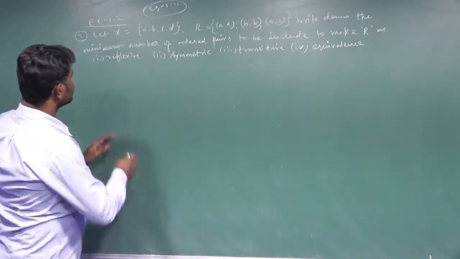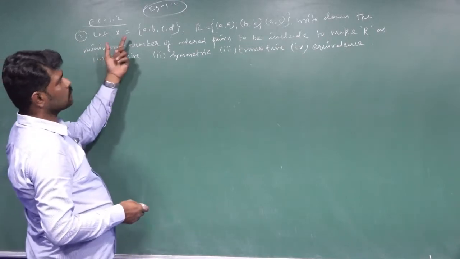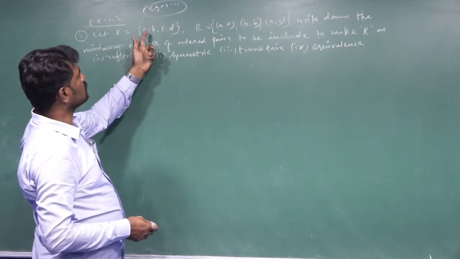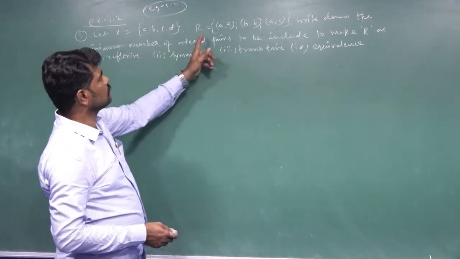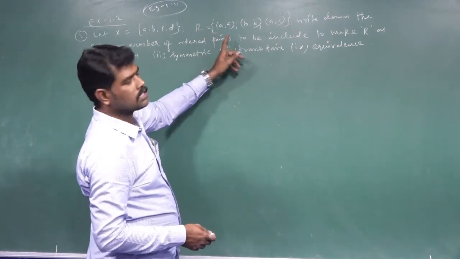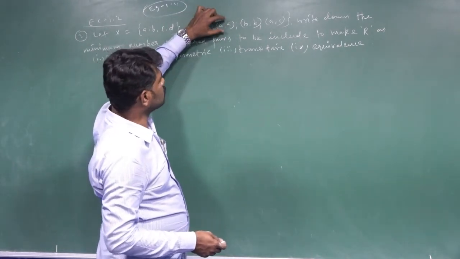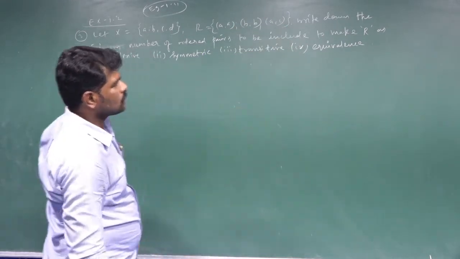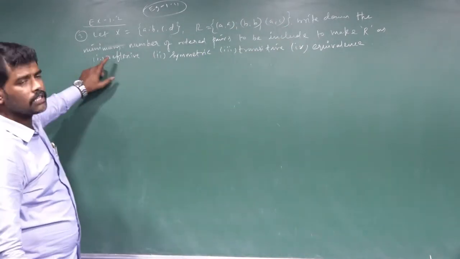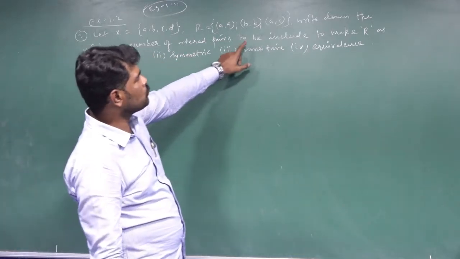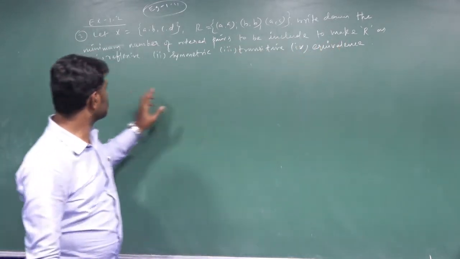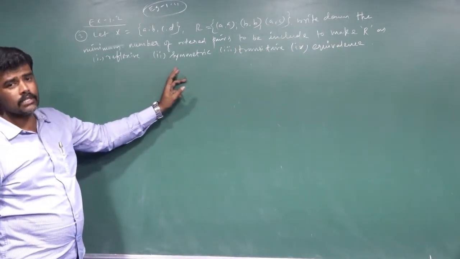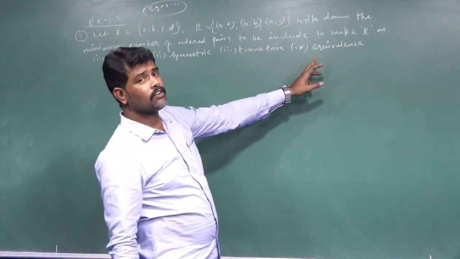Okay. Here is the question: X is equal to the set of elements A, B, C, D, and the relation R is equal to the set of pairs AA, BB, AC. Now, write down the minimum number of added pairs to be included to make R reflexive, symmetric, transitive, and equivalence.